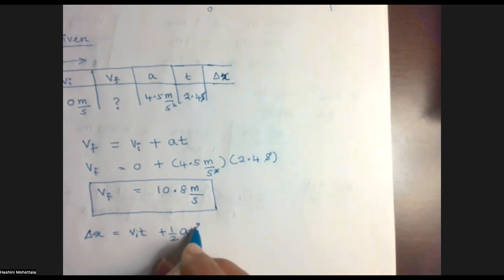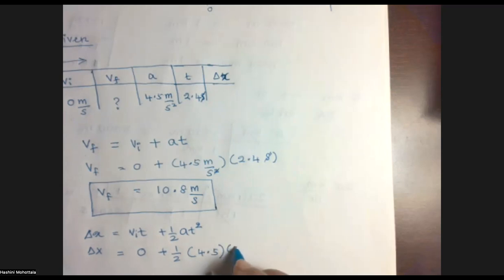So let's write it down. Delta x equals VIT plus 1/2 AT square. And VI, that's 0. V initially is 0 according to the table over here. And then plus 1/2. A is 4.5 and T is 2.4.